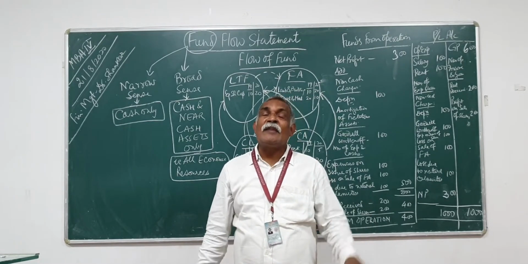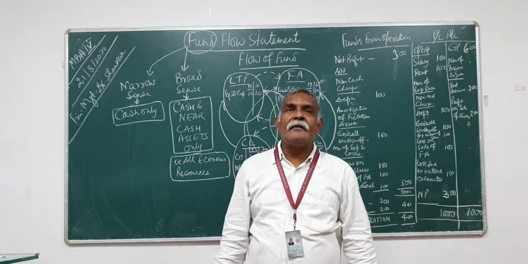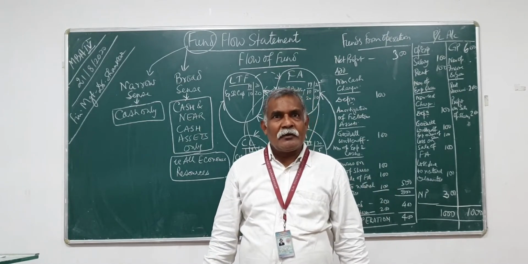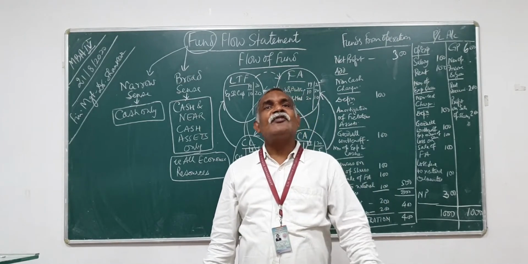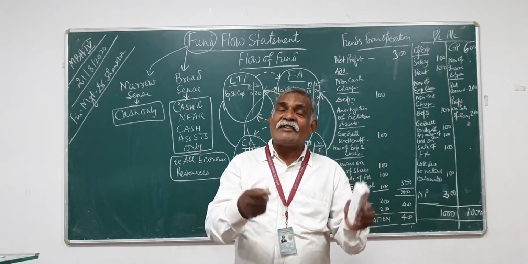Because there are two statements we prepare. Income statement we prepare to know the income, to know the profit. And position statement we prepare to know the shareholders fund, or to know how much assets and liabilities we have.